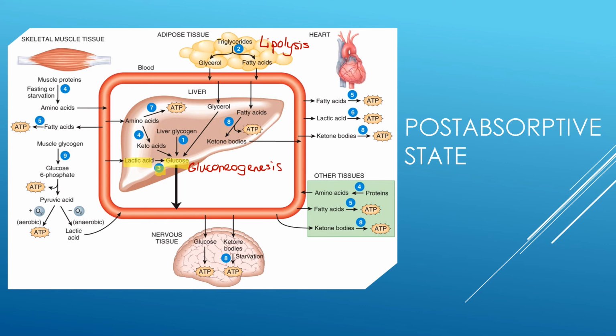So during exercise, skeletal muscle tissue will break down stored glycogen and produce some ATP anaerobically by glycolysis, where we get this lactic acid from.